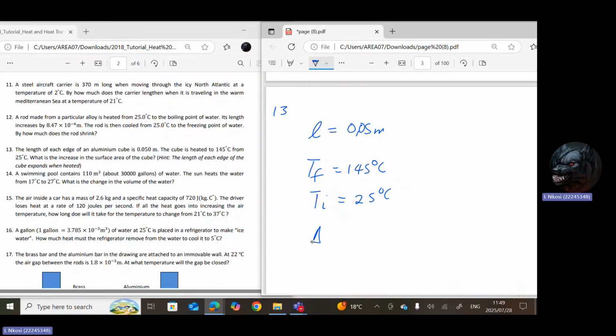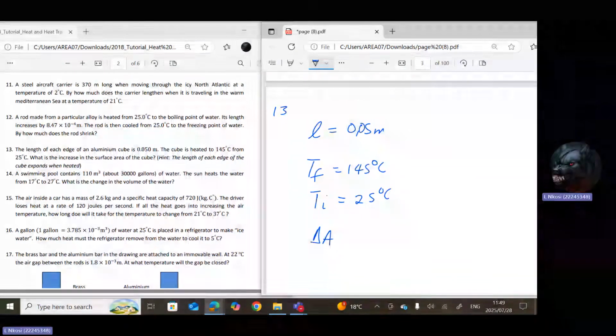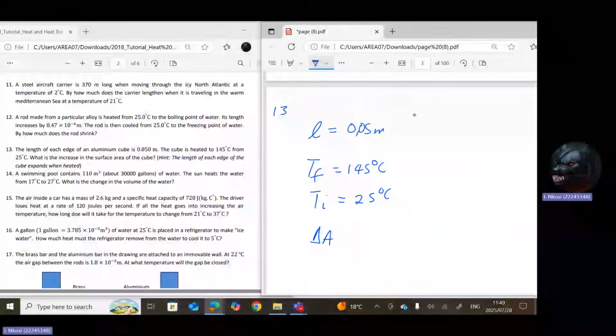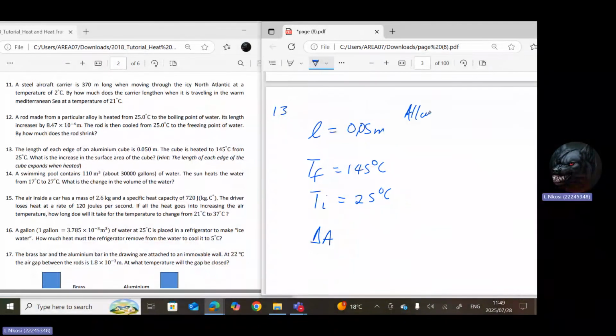So when they ask for the change in area, I think we did something like this before. Yeah, it's an aluminum cube. So alpha aluminium is 25 times 10 to the minus 6. I think I should confirm that.